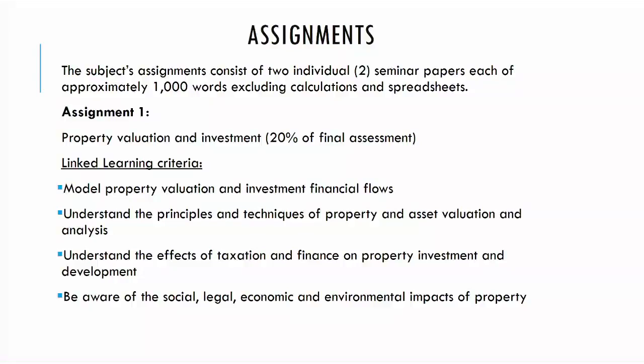If the word limit is 5,000, you will end up with 7,000 or 8,000. So try to stick with the 1,000 word limit. You can use tables and graphs, and the words in those do not count in the word count. So use tables, graphs, and appendices if you need to do more. Try to stick with 1,000 words for both assignments.